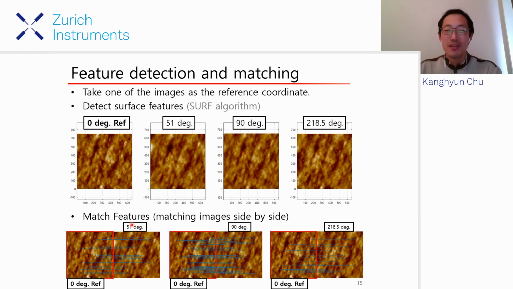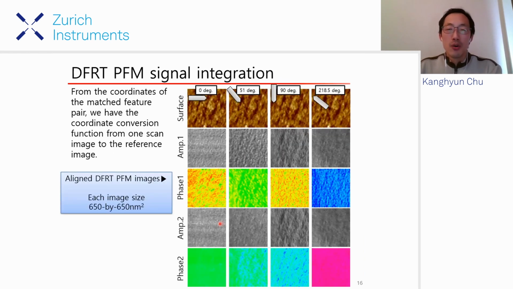But now computer vision can help a lot instead of human power. So once there are nice transfer maps prepared, I can align all the images based on the surface morphology. So now you can see that the surface maps from different cantilever orientations have quite nice alignment.